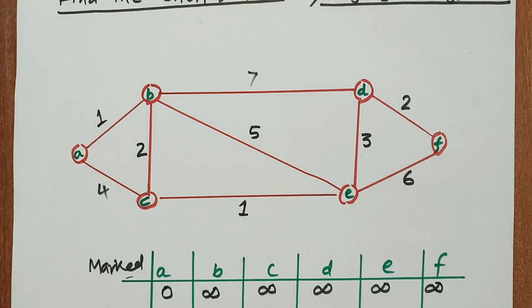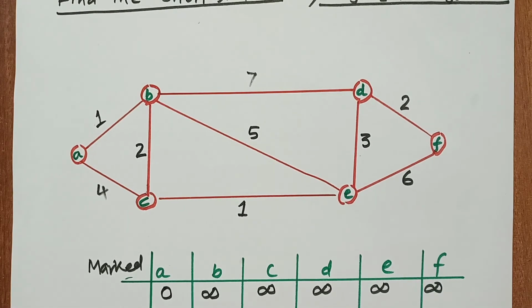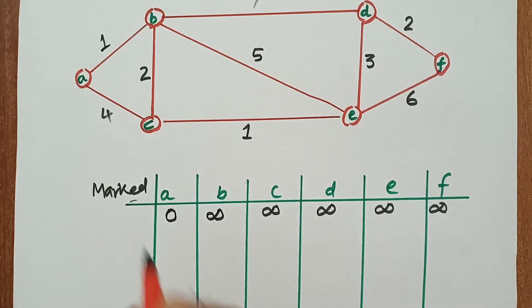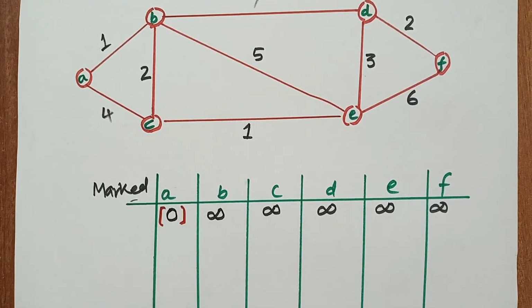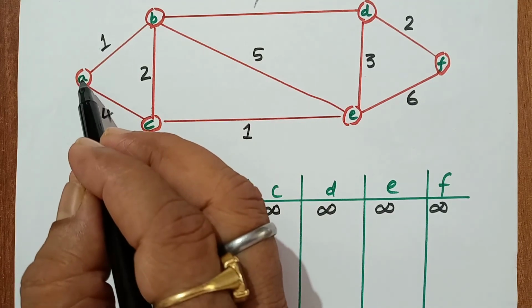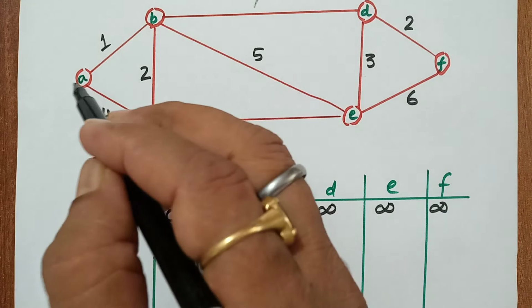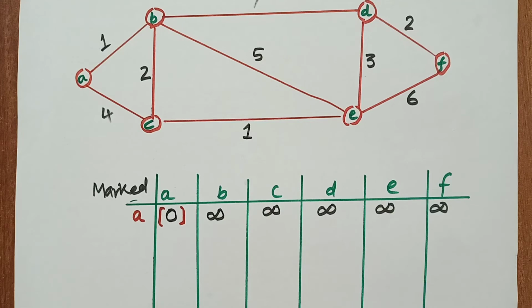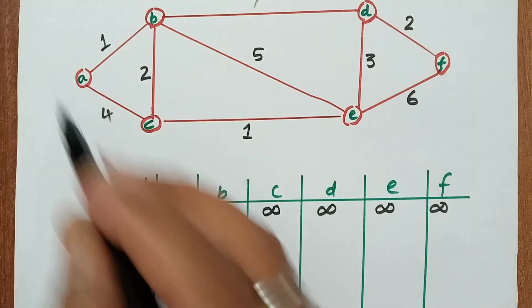Okay. Now next step, we will mark the smallest value. So here the smallest value is A, means 0. So we will mark 0 here, and we will write this vertex in marked, so A. Okay, now you concentrate on this vertex A and watch how many vertices are directly connected to A. So here B and C. This first step is very easy.